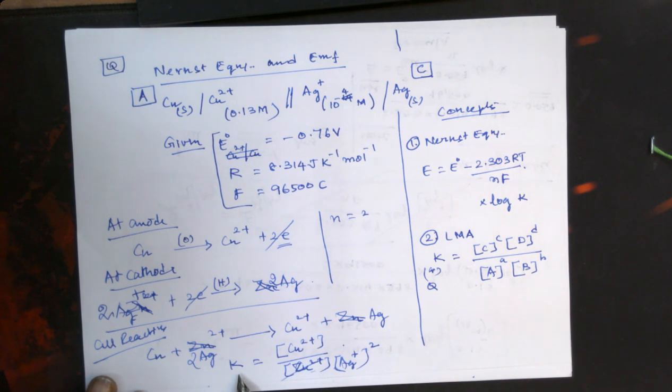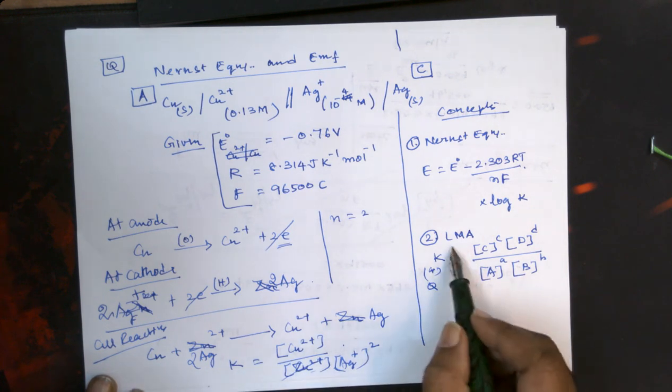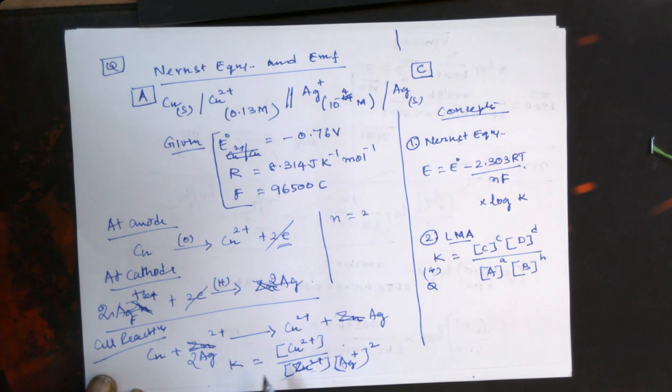Now we have to work out the equilibrium constant based on this LMA, law of mass action. So K is equal to the product of the concentration of the products. Here the active mass of a solid is taken as unity, that is 1. So copper 2 plus concentration divided by Ag plus whole square, and copper solid is ignored.